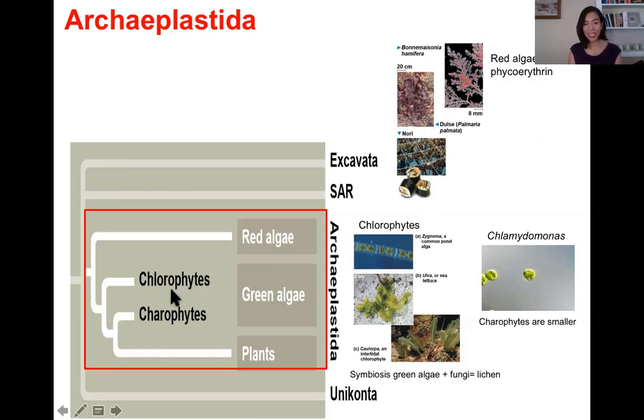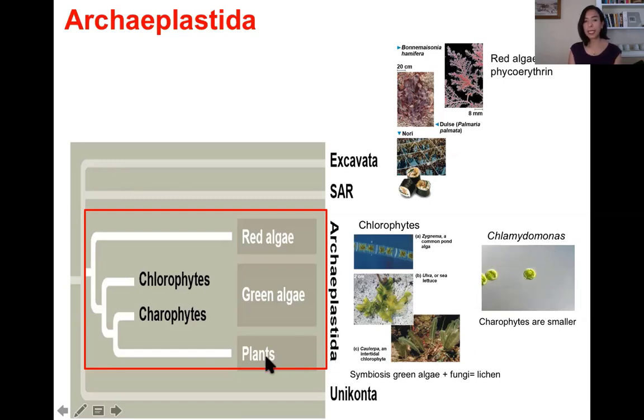In green algae, we're going to have chlorophytes and charophytes, and they look very green to me. And some of them can be very small. Some of them can be unicellular, and some of them can be multicellular. So this is the Chlamydomonas. It's not chlamydia. Remember, chlamydia is the bacteria. This is Chlamydomonas, a green algae.